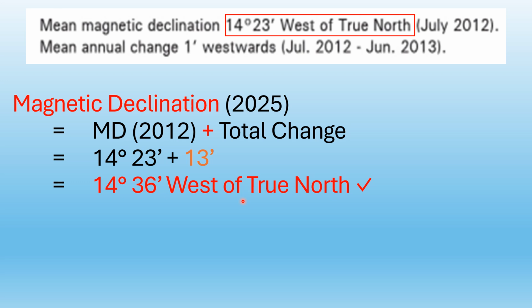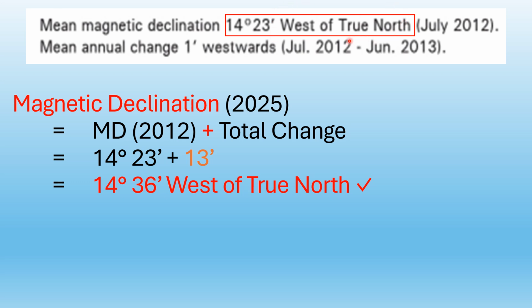Please pay attention to the way in which the information on magnetic declination is given on the map. The full magnetic declination is 14 degrees 23 minutes west of true north. In other words, magnetic declination isn't just the values that are given, but it includes the west of true north.